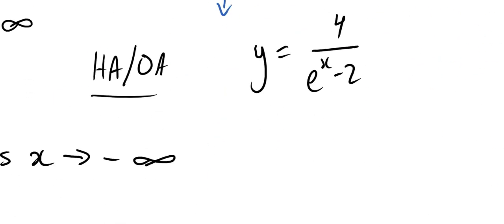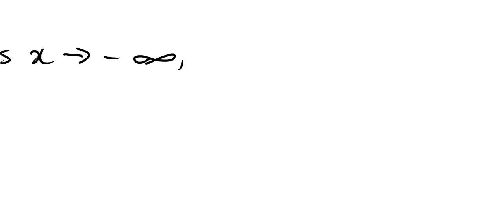Okay, so we have 4 over e to the x minus 2. I'm going to write it over here, 4 over e to the x. I'm just writing this so that we can talk about it. This gets really small.